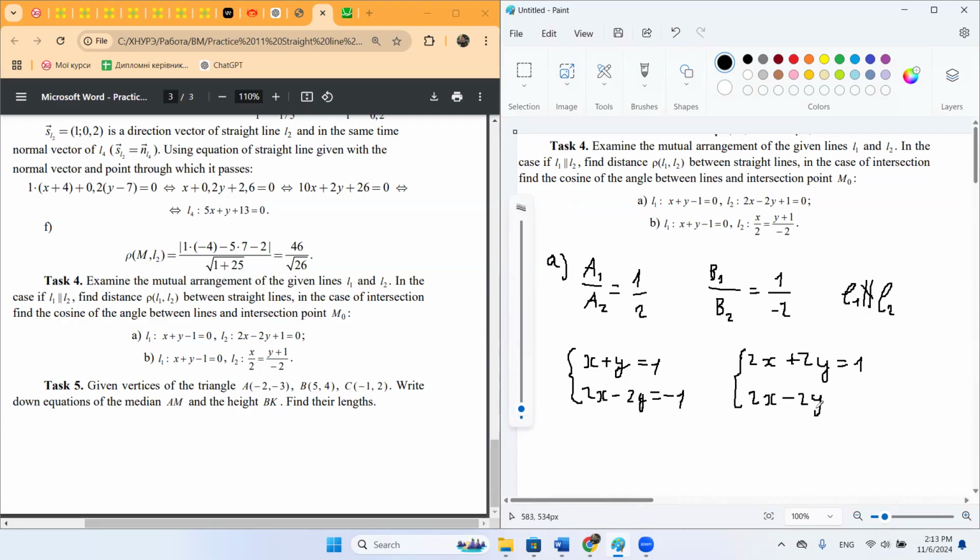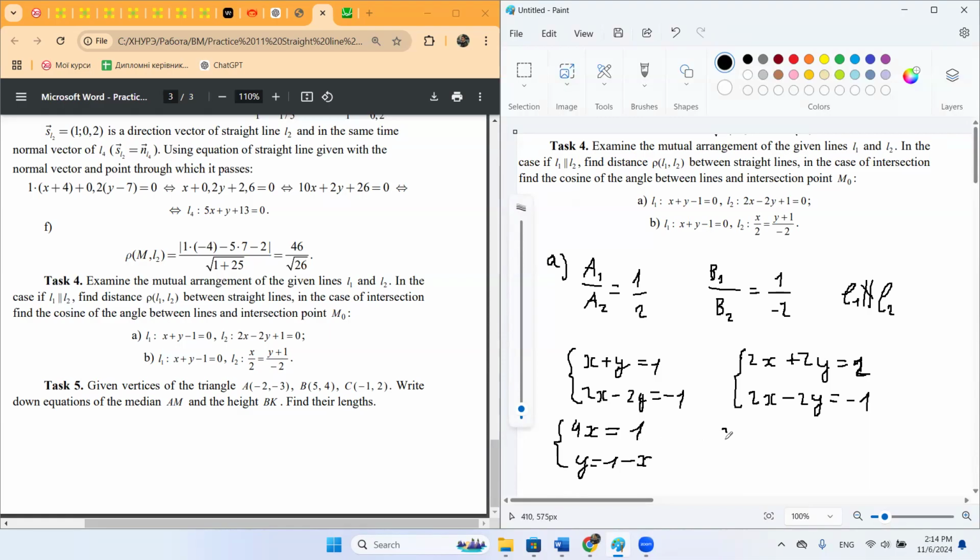And this equation without changes. So now eliminating y. So what we have? 4x = 1. Sorry, forgot that it's 2 here. So 4x = 1. And y = 1 - x.